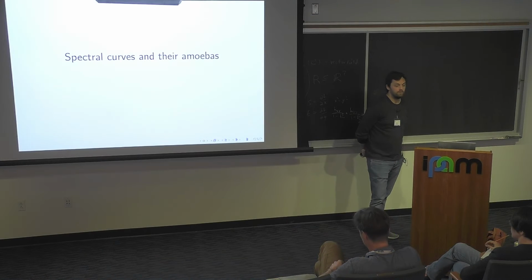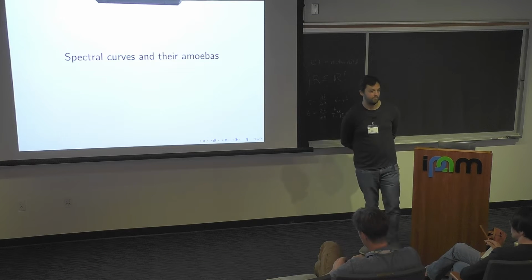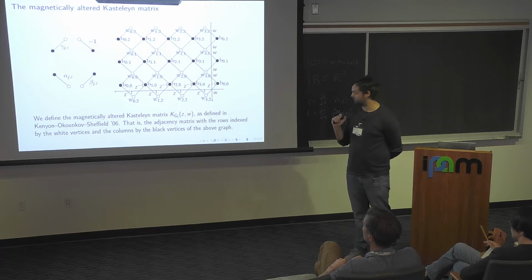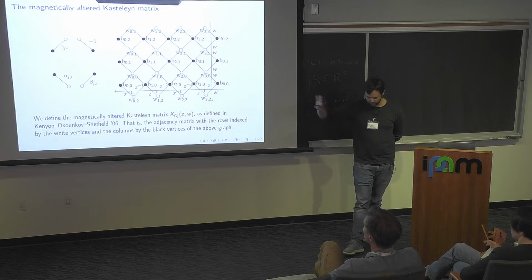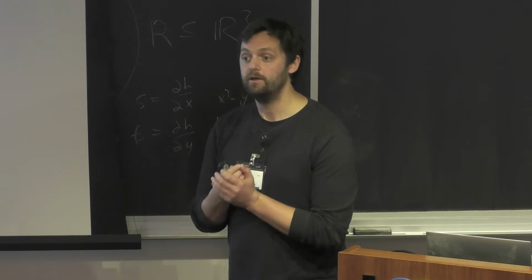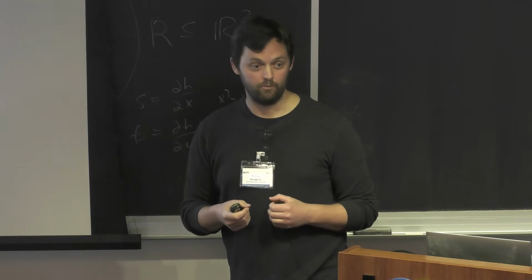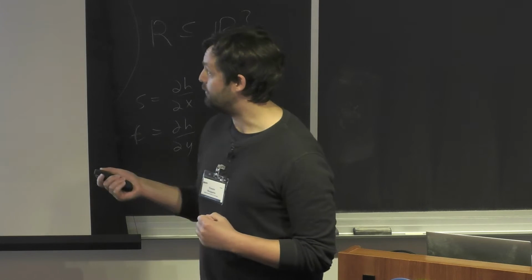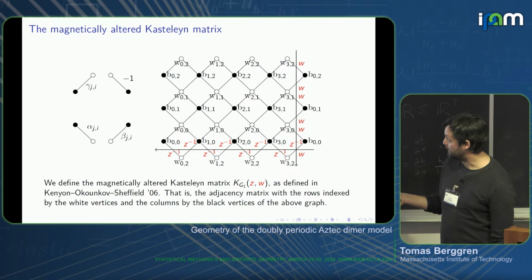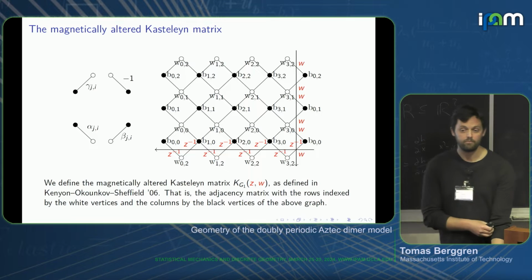Let me now continue with the spectral curve, or rather define the spectral curve. So now we forget about the Aztec diamond for a moment, and we only consider the edge weights which we had from the beginning. If you remember, we had this periodicity k and L, and we assigned these gammas, alphas, and betas to the edge weights.